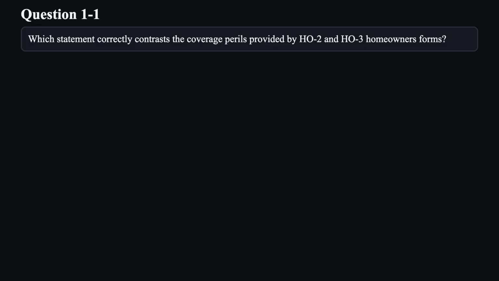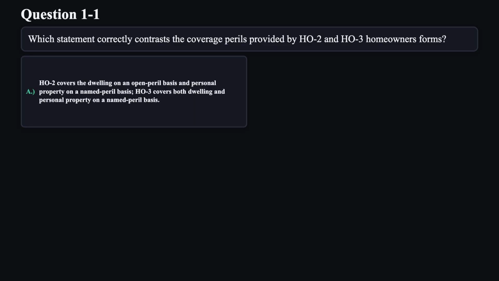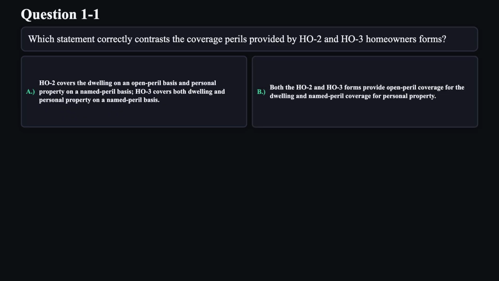Which statement correctly contrasts the coverage perils provided by HO2 and HO3 homeowners forms? A. HO2 covers the dwelling on an open peril basis and personal property on a named peril basis. HO3 covers both dwelling and personal property on a named peril basis. B. Both the HO2 and HO3 forms provide open peril coverage for the dwelling and named peril coverage for personal property.